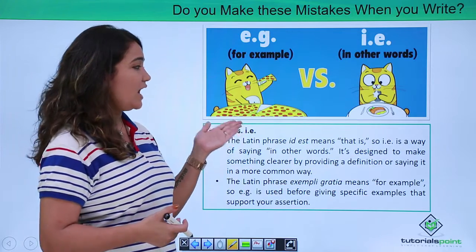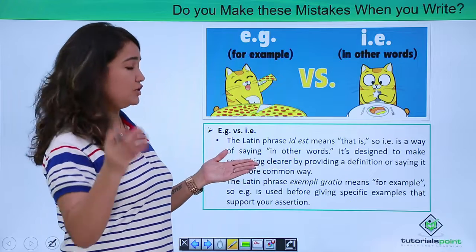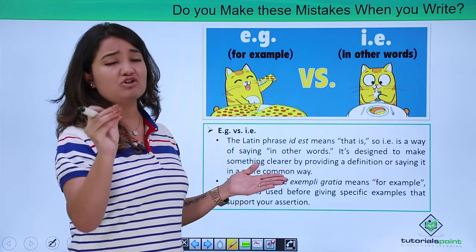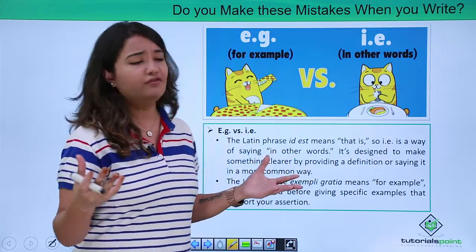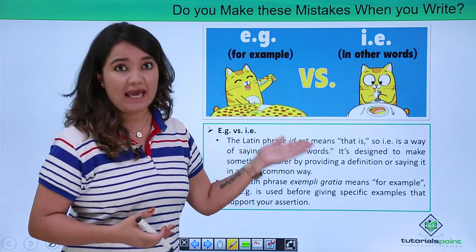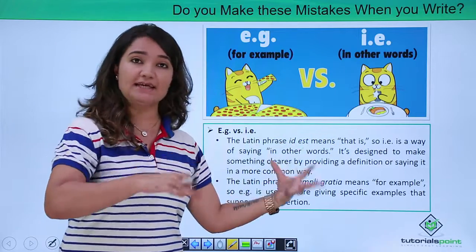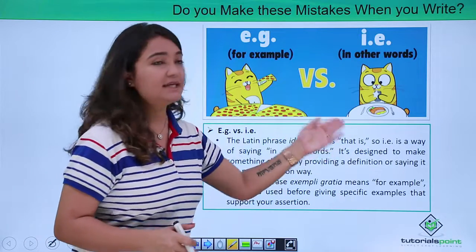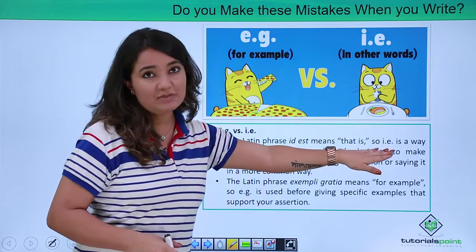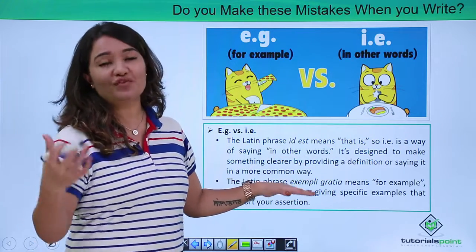On the contrary, IE is an acronym for another Latin expression, id est, and it means that is. So IE means that is, whereas EG means for example.